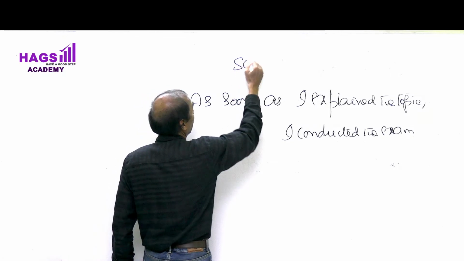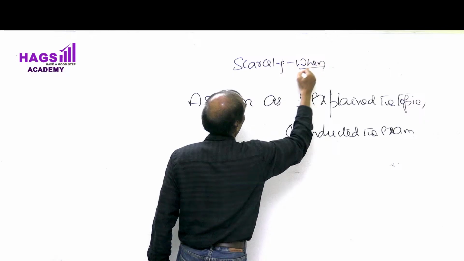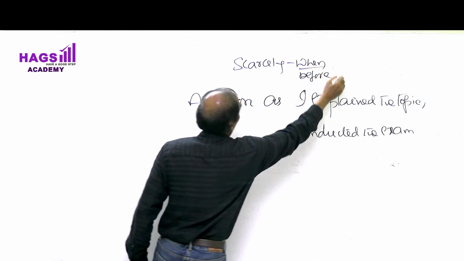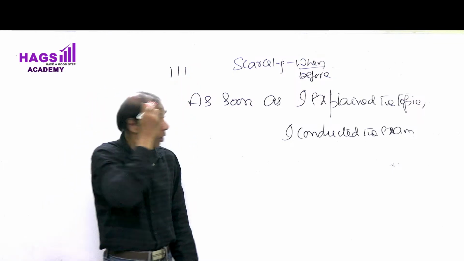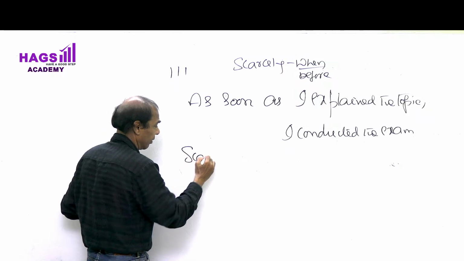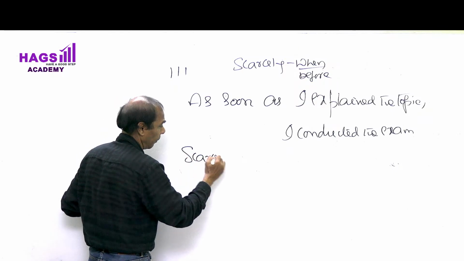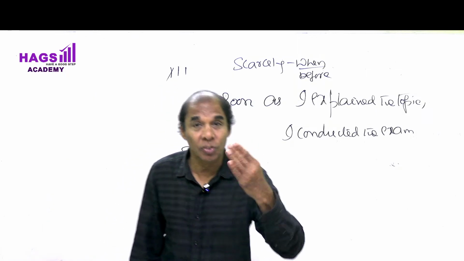See, we have to use the word scarcely, when, by, before. Right? How many rules do we have? 1, 2, 3. 1. Put scarcely in the place of as soon as. Scarcely. Right?